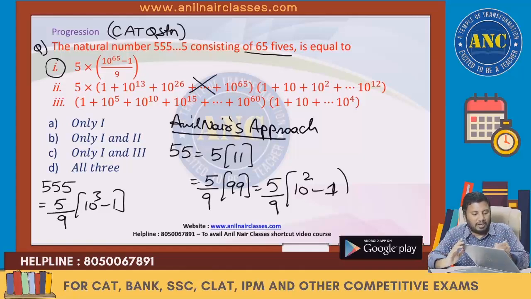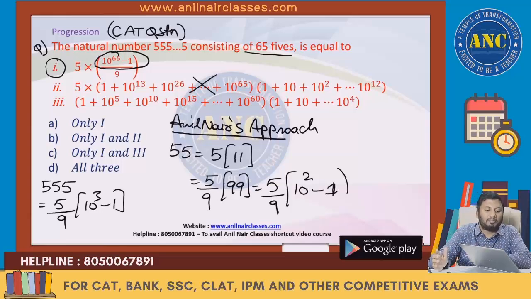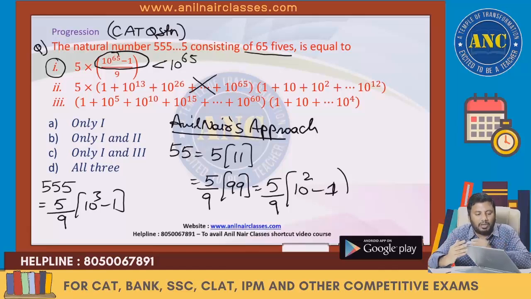Second is eliminated because 1 is telling that it is 10 power 65 minus something. Am I right? 10 power 65 minus 1 by 9. The value is less than 10 power 65. Are you with me? The value will be less than 10 power 65. Second option is, it is 10 power 65 plus something.